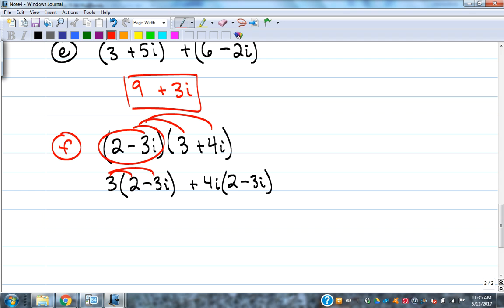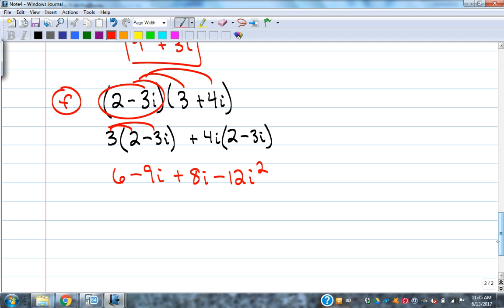3 times 2, 6 minus 9i. And then 4 times 2 is 8i. And then here's where it gets a little sticky. 4i times negative 3i is negative 12i squared. So this is where you've got to keep in mind, okay, i squared is really negative 1.